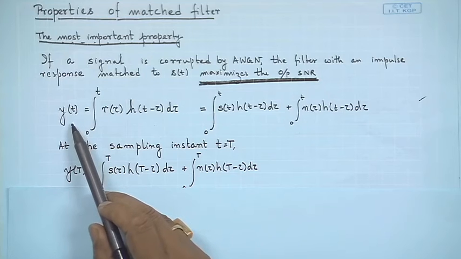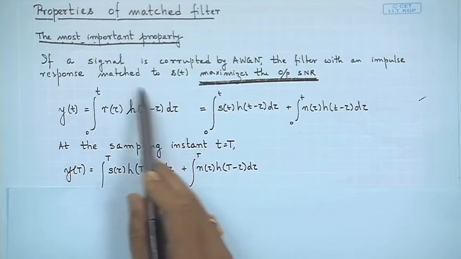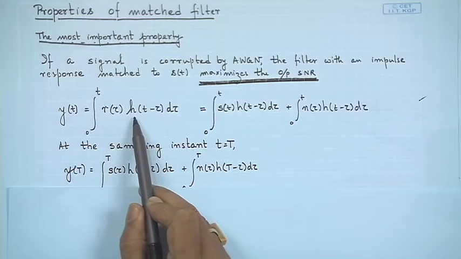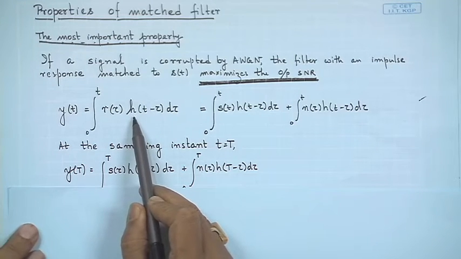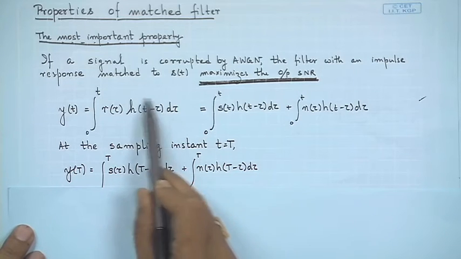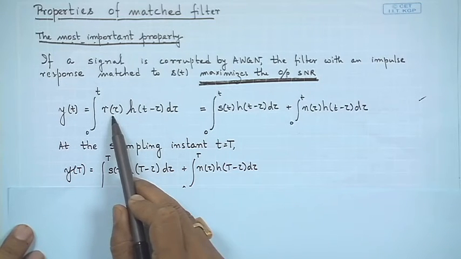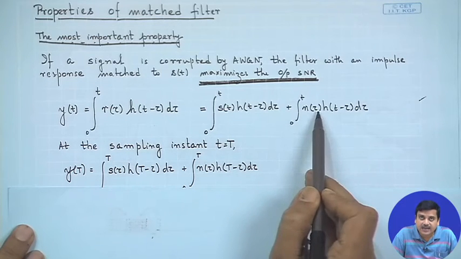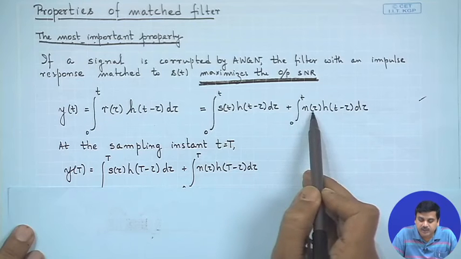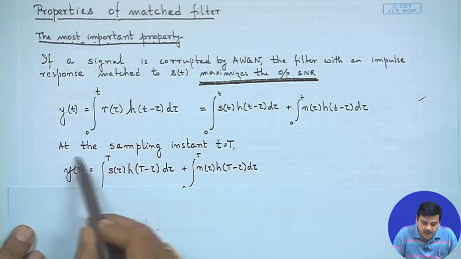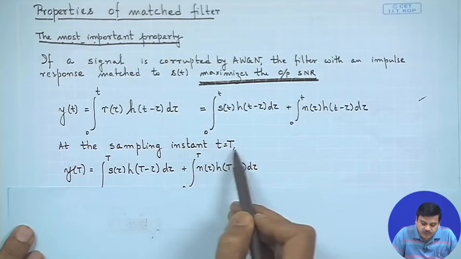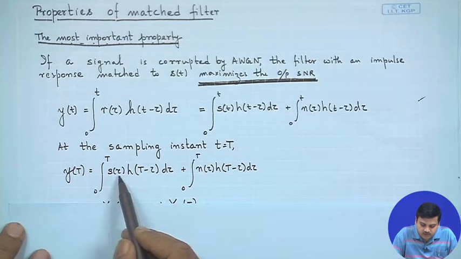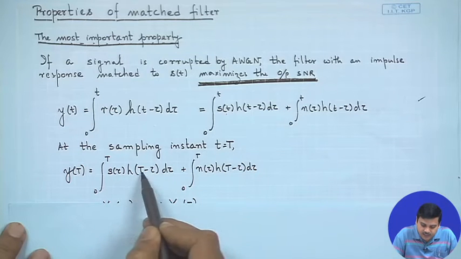The received signal y of t is given by the convolution of the received signal along with the impulse response of the filter, which is h of t. So, there you see the convolution operation. R of tau is broken into components of S and N, so you have the signal component and the noise component. At the sampling instant t equals capital T, you simply replace t by capital T. You have the convolution of S of tau and h of T minus tau.